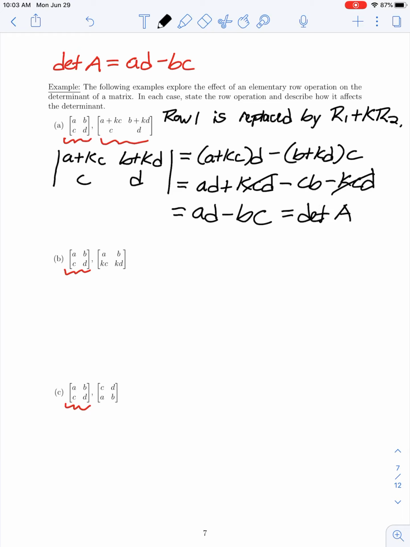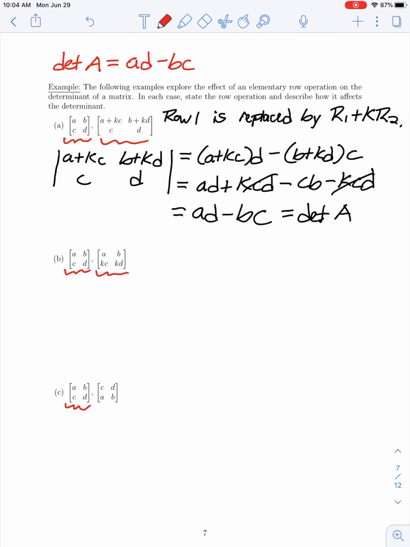So by performing that row operation, we get the exact same determinant for our matrix. So let's look at another type of row operation. In part B, we took our original matrix and performed an operation and got the matrix AB, KC, KD.